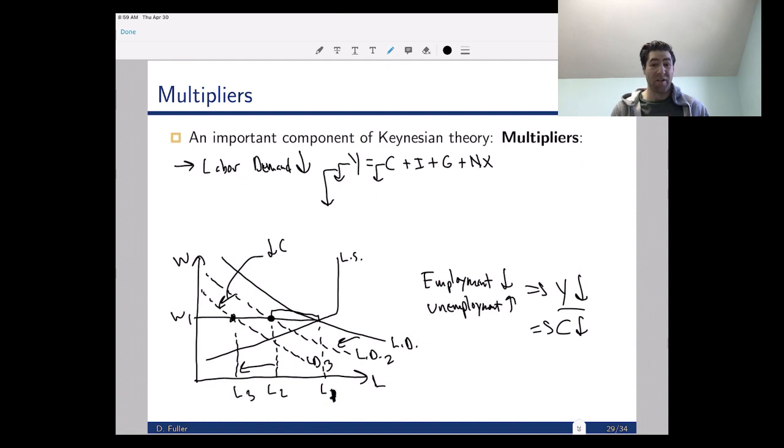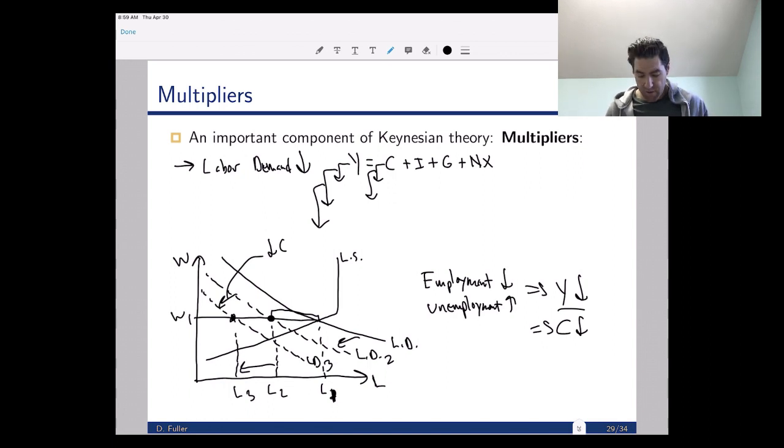That causes a further increase in unemployment, a further decrease in consumption, and a further decrease in output, and this cycles through, right? So you can see how an initial decrease in labor demand starts to work its way through the economy and have a much bigger effect.